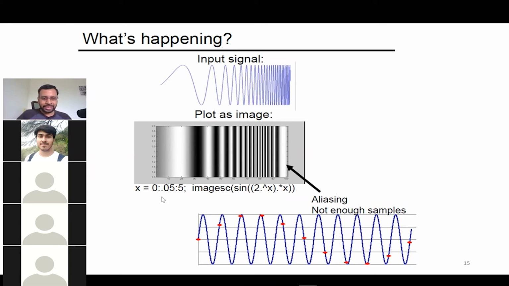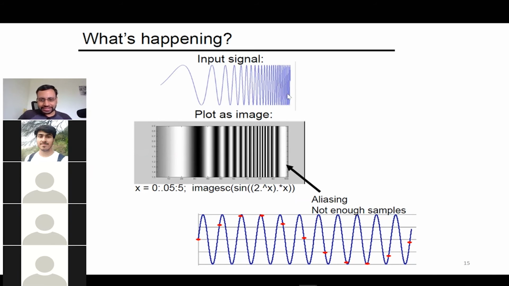For example, this plot has been taken at 0:0.05:5, so you are incrementing the values by 0.05 and going up to 5. You could simulate this kind of behavior using sin(2^x) multiplied by x. This is what you would be getting.